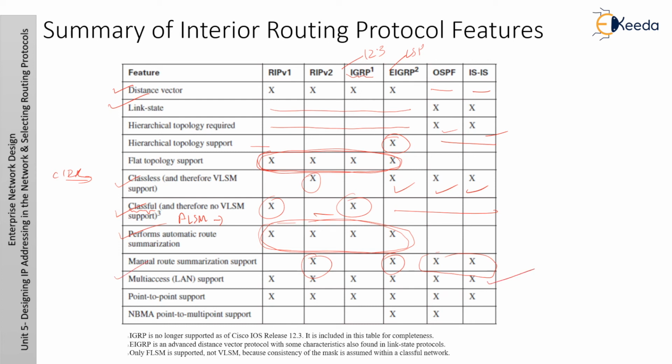Point-to-point support is also provided by all the listed protocols. NBMA, non-broadcast multiple access, point-to-point protocol support is with OSPF and EIGRP. So this table is very helpful. Whatever you want, on the basis of this, you can get the result.